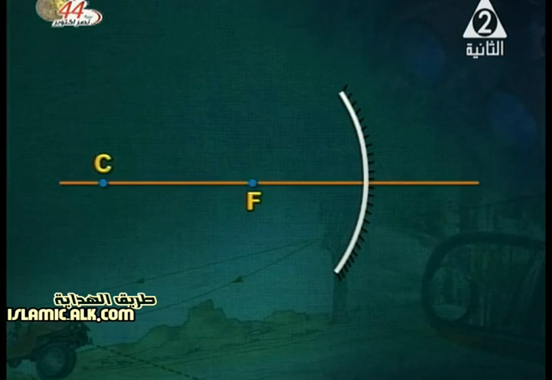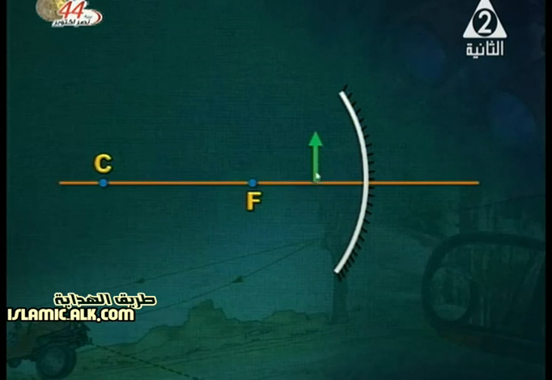Number 1, we draw the concave mirror, then the principal axis of the concave mirror, putting the point of the focus and the center of curvature of this mirror. The object stands at a distance less than the focal length.